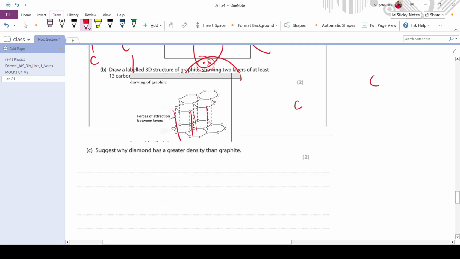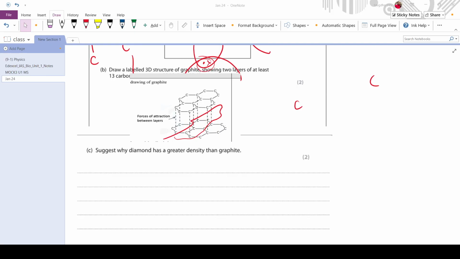Okay, from every carbon. That's it. Nothing else. This is the force of it. It doesn't matter. You just have to show that there is a force of attraction between the two layers of graphite. That's it.